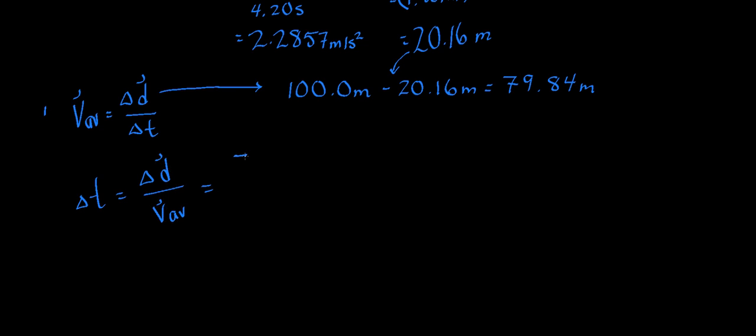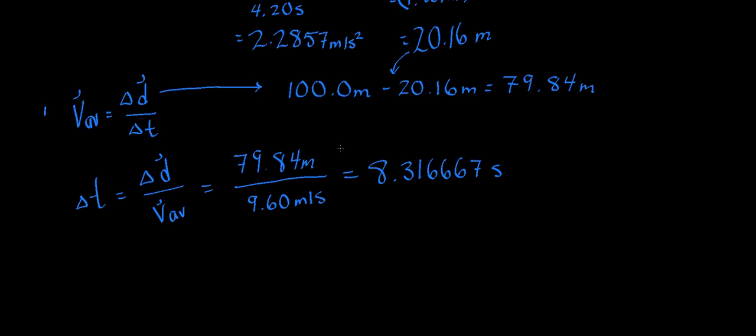So our displacement is 79.84 meters, and our average velocity was 9.60 meters per second. Okay, and that leaves us with 8.31666 repeating seconds.